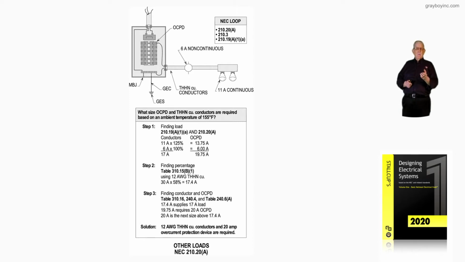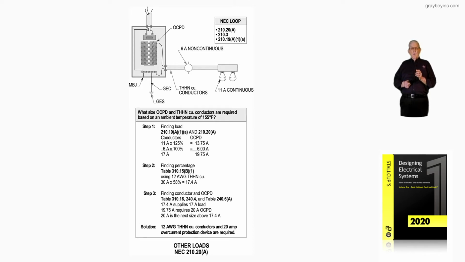So, for example, we might have a number 10 conductor for voltage drop connected to a 20 amp circuit breaker, so it's a 20 amp circuit. The number 10 wire is not taken into consideration under these conditions of voltage drop.